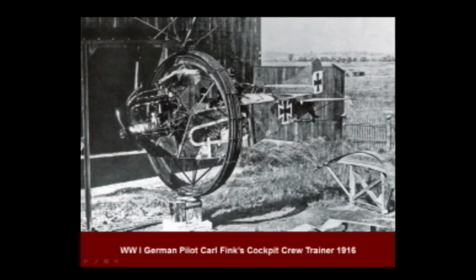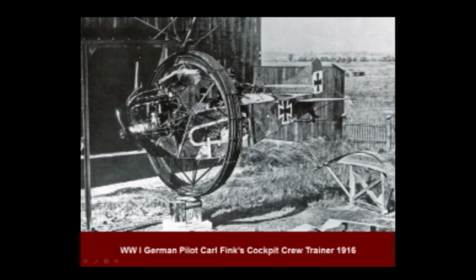Again, in World War I, a German pilot, Karl Fink, came up with a very interesting simulation. This is actually the fuselage of an aircraft. And there's a back seat where an observer would sit, and in the front seat where the pilot is. Well, it just so happens that when they were running their missions, when they did some violent moves with the airplane, the gentleman in the back seat might go flying out. Now that could ruin the whole day.